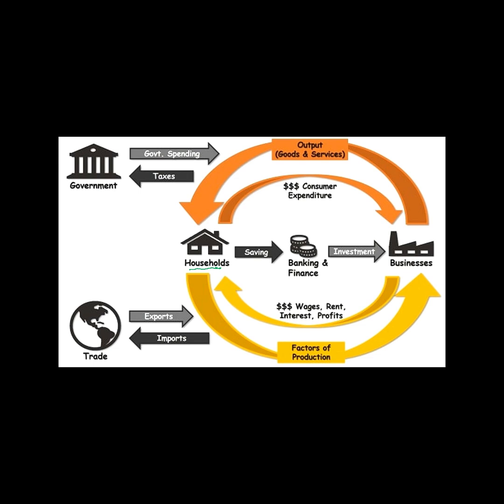In other words, you go look for a job, and in exchange you get wages. So, for example, if I'm in a household, I'm going to sell my labor to businesses, and it's going to go this way. And businesses in exchange provide me with a wage.